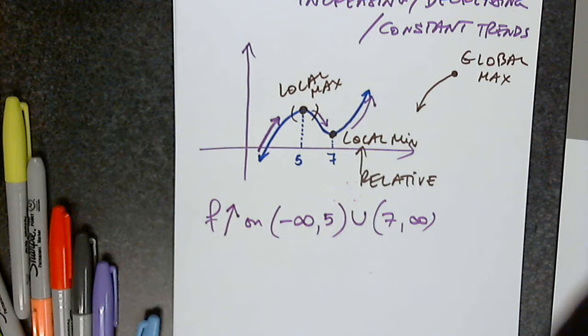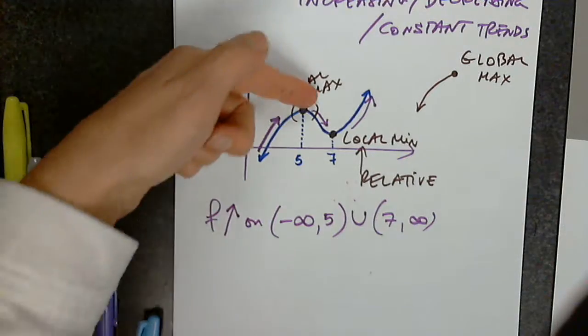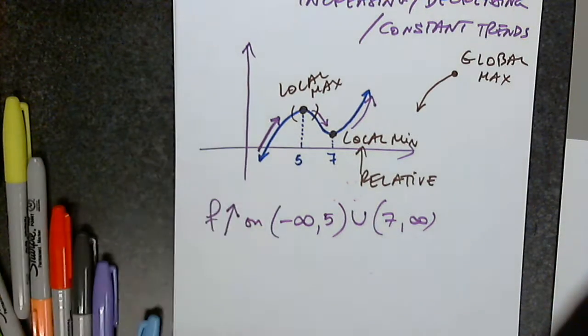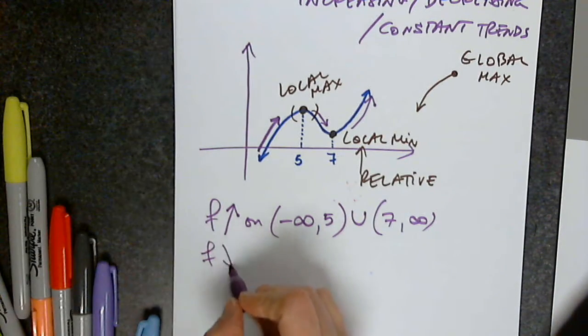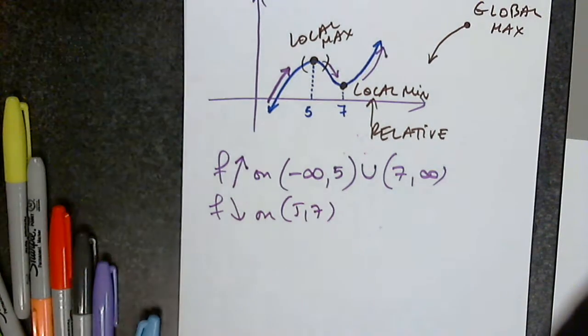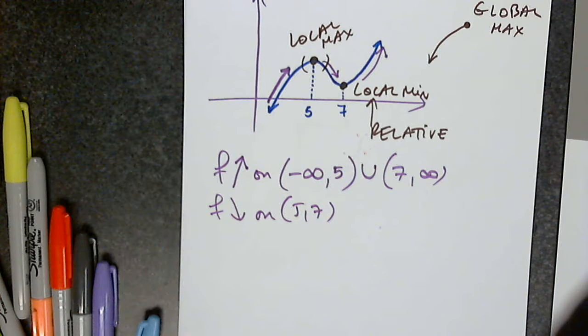I'm just saying the trend is that it's increasing for x values between negative infinity and 5 and 7 to infinity. And the function is obviously decreasing on the interval. That's it. Thank you. We do not put the equal symbol there. Say it again. What did you write there? Oh, 5 to 7. Yep.